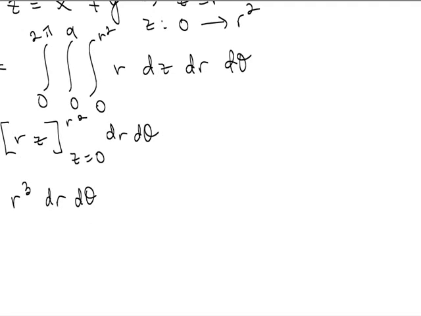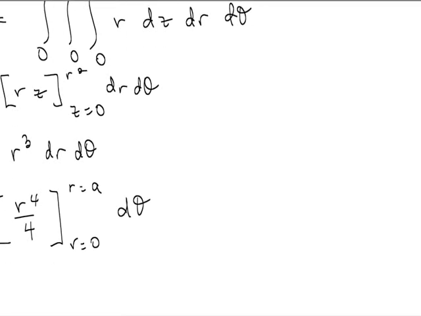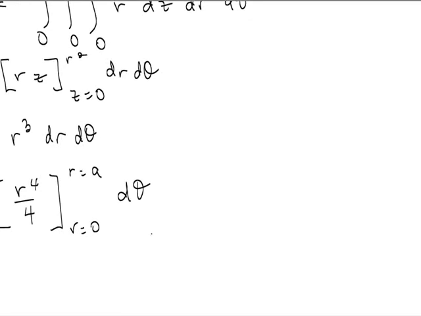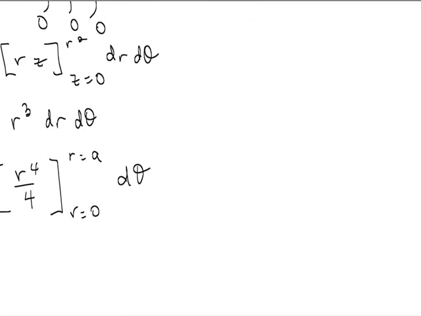Integrate further with respect to r now. 0 to 2 pi, r to the 4th over 4, and r goes from 0 to r equals a, d theta. Substitute 0 to 2 pi, you're left with a to the 4th over 4 d theta.